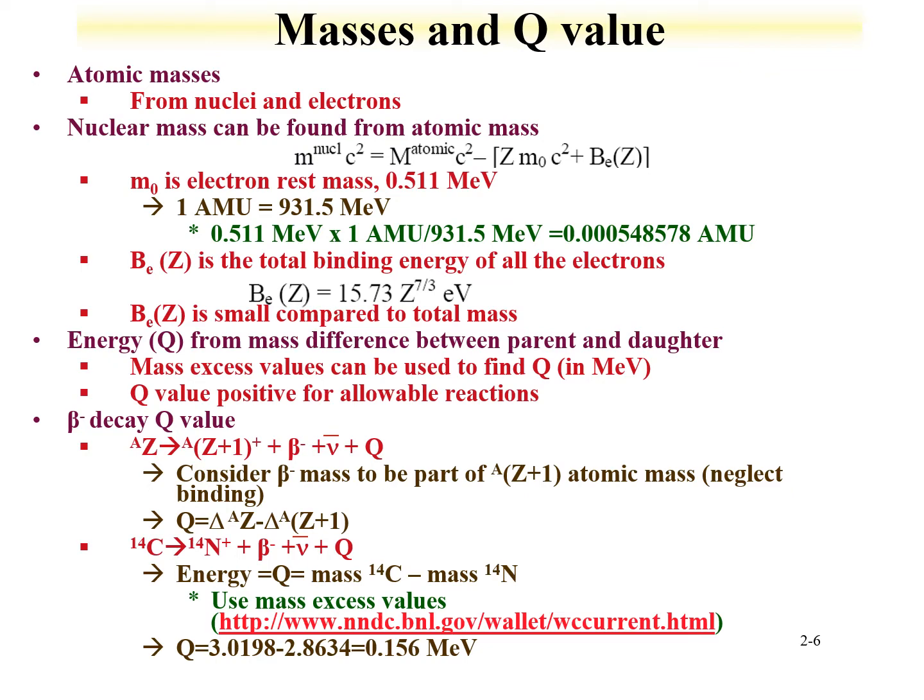We can look up mass excess values from this site, and we plug in those values and get 3.0198 minus 2.8634, which is equal to 0.156 MeV. These values are in MeV. So now we have a route for calculating energies for decays, and we've shown that we can calculate the Q value for the beta decay of carbon-14.